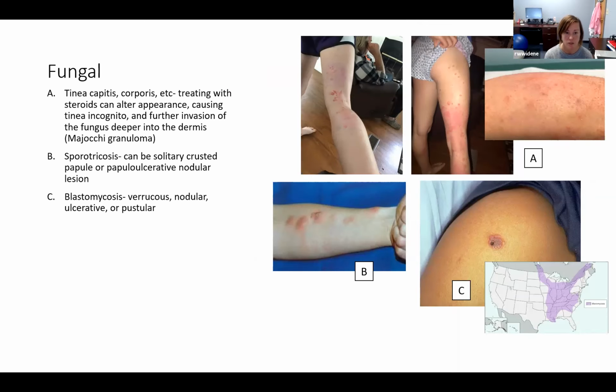If you have ringworm and you treat it with steroids, which of course is not the treatment for ringworm, it's going to alter the appearance of it. Now your tinea capitis is going to turn into tinea incognito. And then it can go down into the deeper dermal layers and get this nodular appearance, and that's Majocchi granuloma.